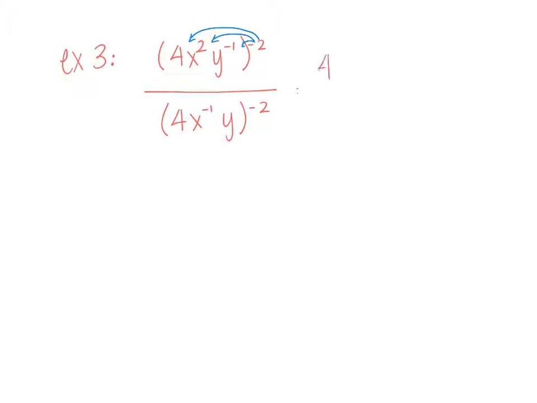I'll have 4x squared y to the negative 1, and each one of those will get a negative 2. I'm going to do the same thing on the bottom. Distribute the negative 1 or negative 2 to all 3 parts.